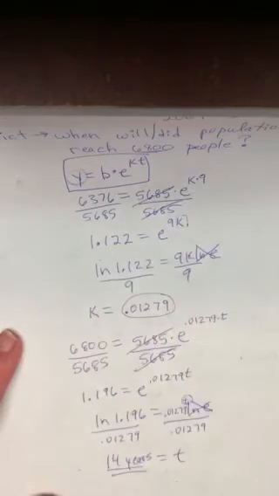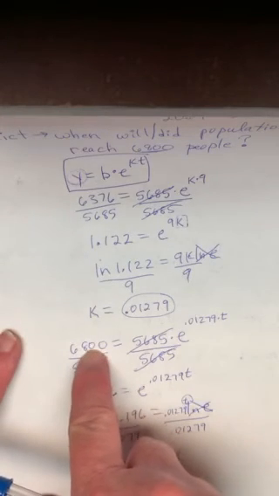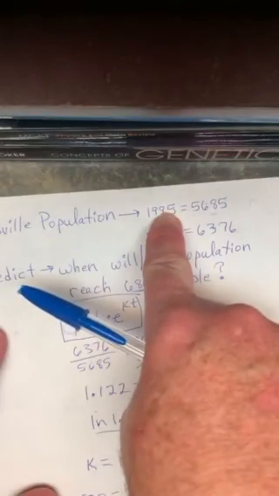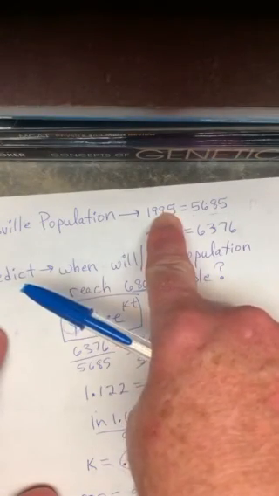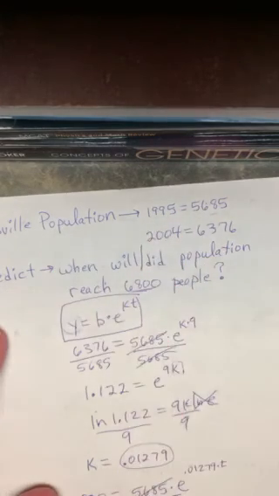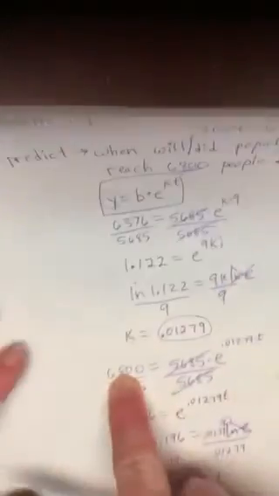So interpret what we just found, guys. The amount of time it would take for the population to reach 6,800 is 14 years. And the experiment started in 1995, didn't it? So it started in 95 with that many people. 14 years later, the population finally got up to 6,800.